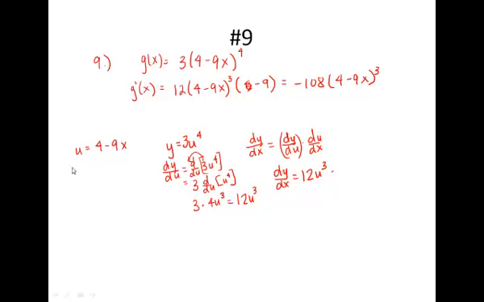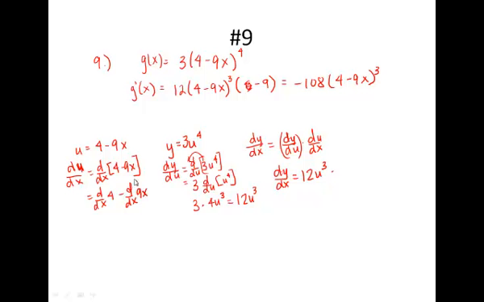So I'm going to go back to my inner function and figure out, well, what is the derivative of u with respect to x? That equals d dx of this, which is going to be the sum and difference rule. I'm going to derive what is 4 minus the derivative of 9x.